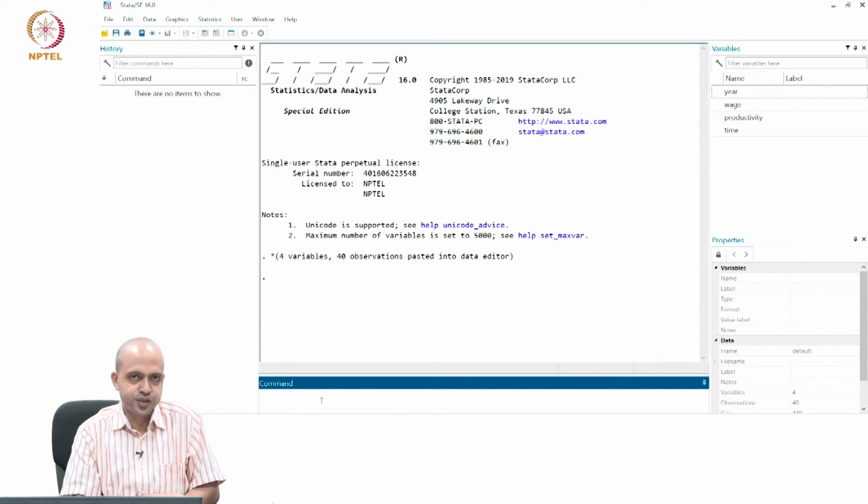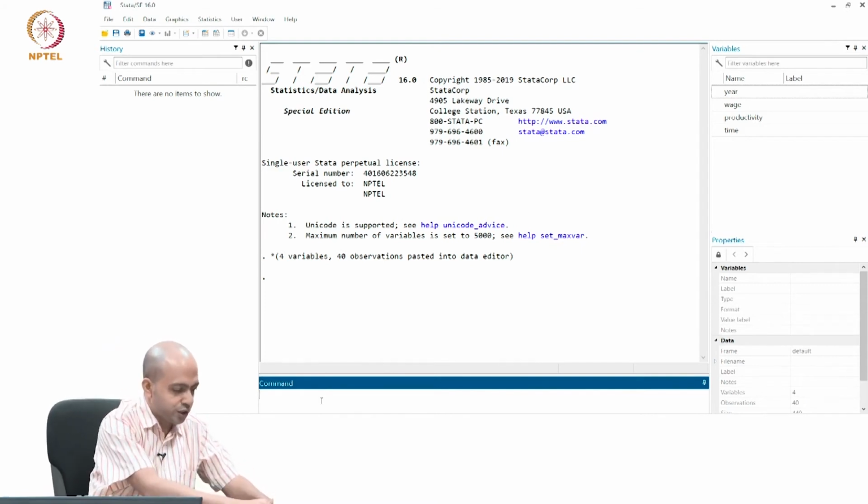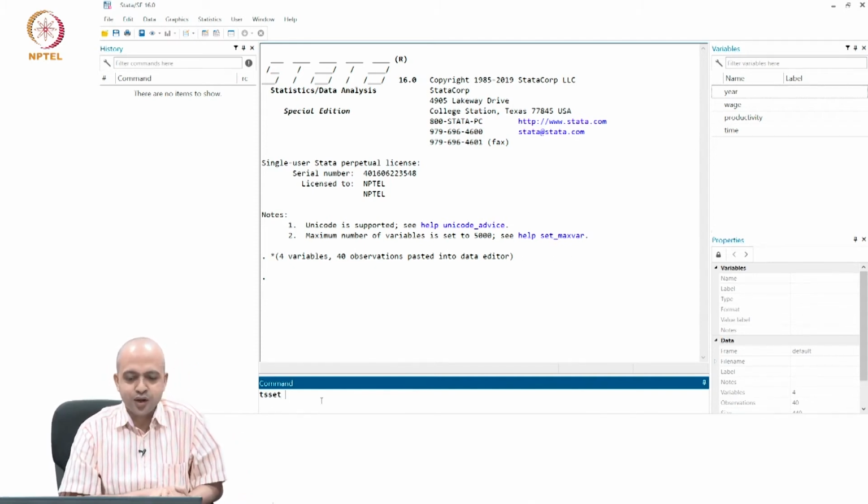Unless you use that specific command, Stata won't be able to recognize this data set as time series data. And there is a small command. What is that command? The command is tsset. Tsset means time series set. So you have to specify what your time variable is here.